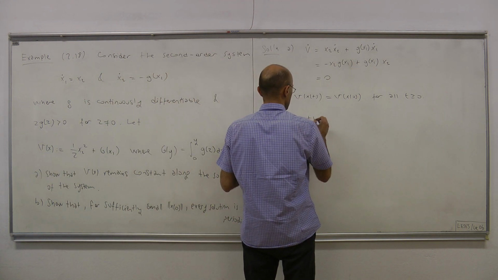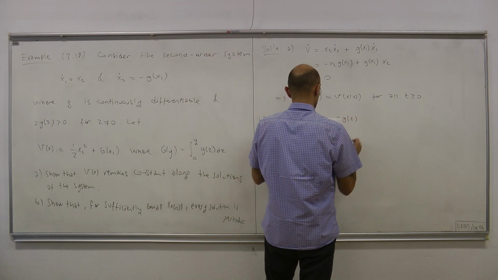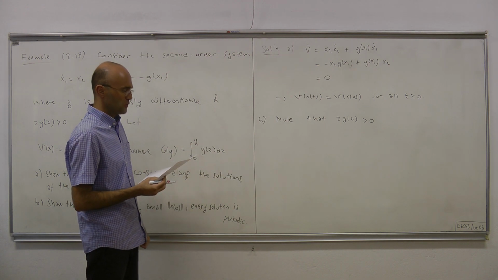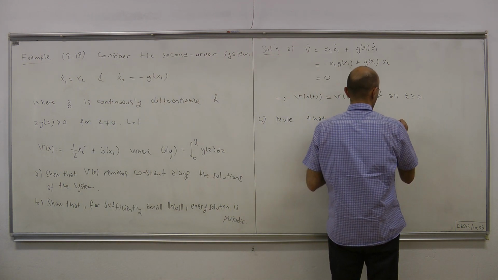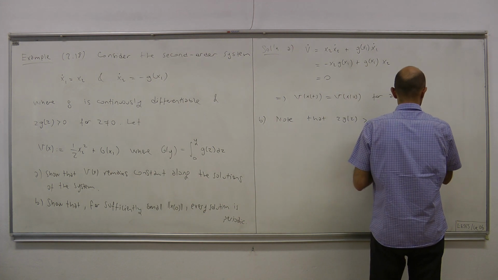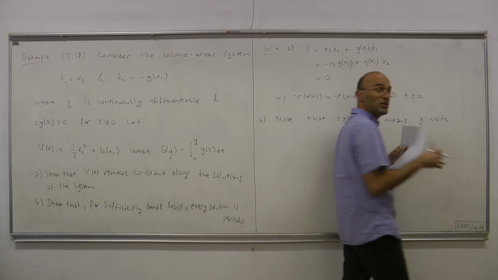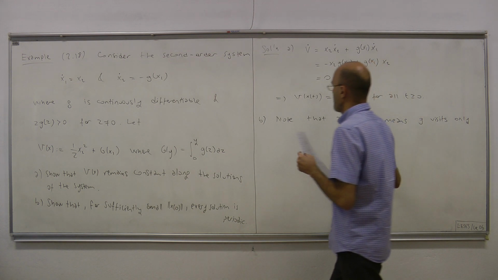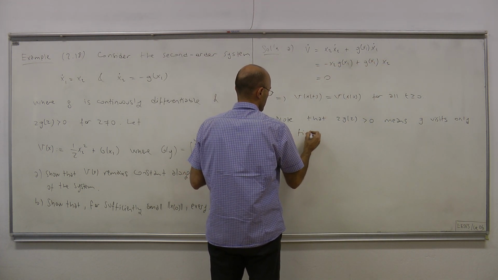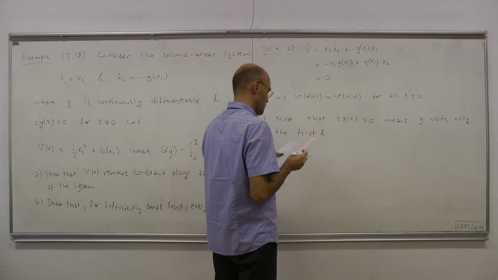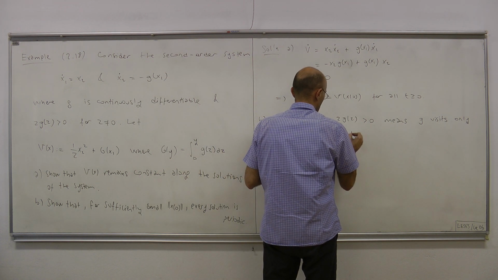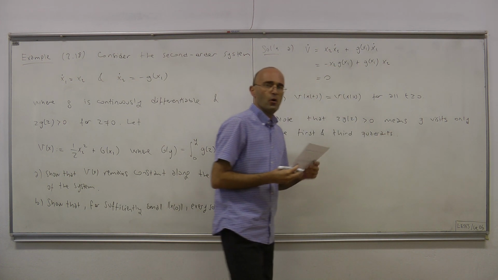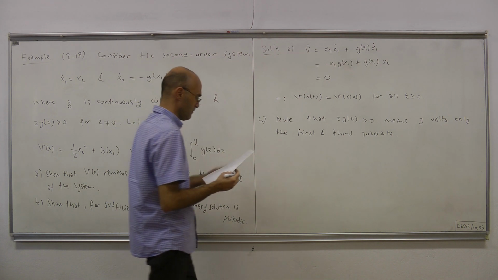First of all, note that z times gz is always positive except for the case that z equals 0, which means that the image of g visits only the first and third quadrants, on the z g plane, for instance.